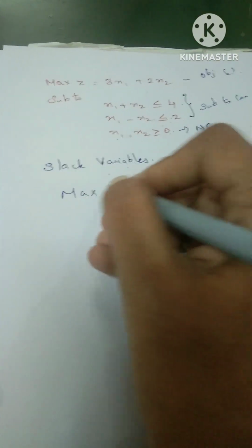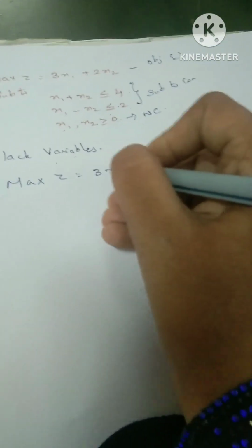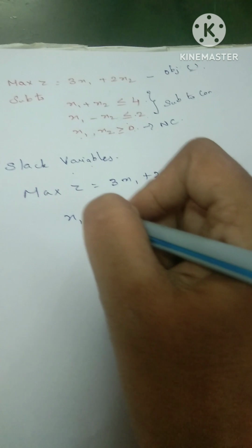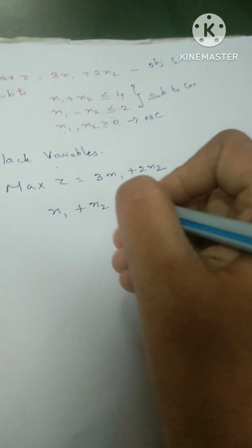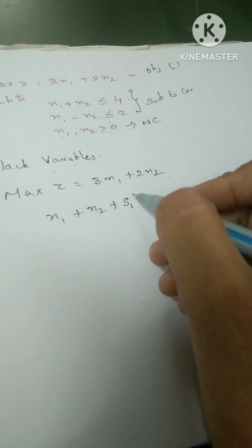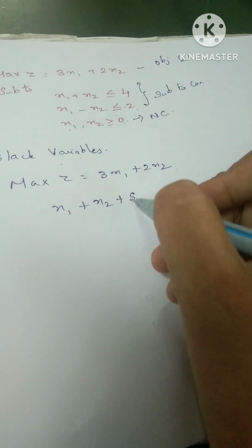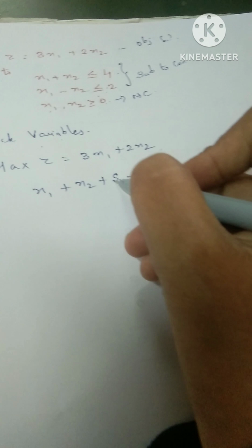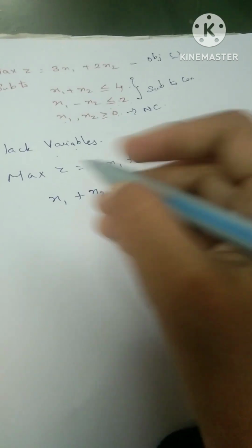So according to that condition, the problem will be maximize z = 3x1 + 2x2, and the equation will be x1 + x2 + s1. So that is equation number 1, introducing the slack variable, which is equal to 4, and the coefficient for s1 will be 1.